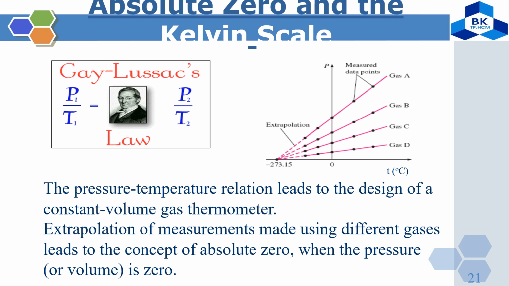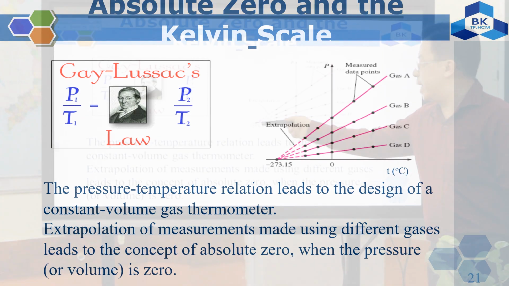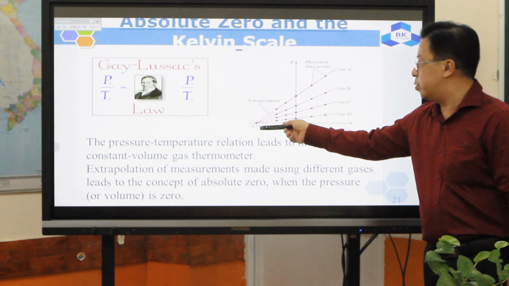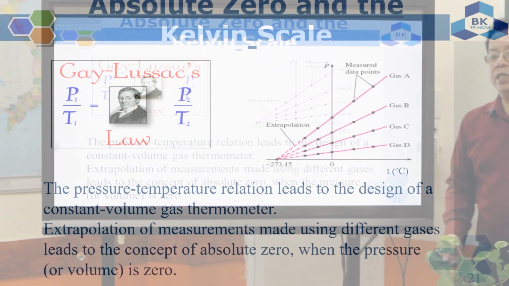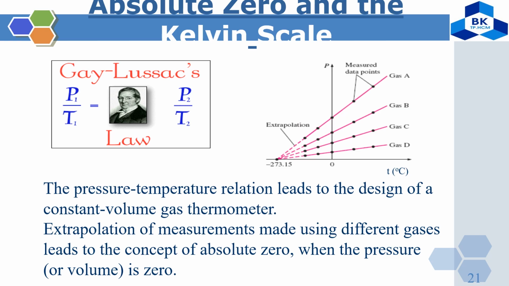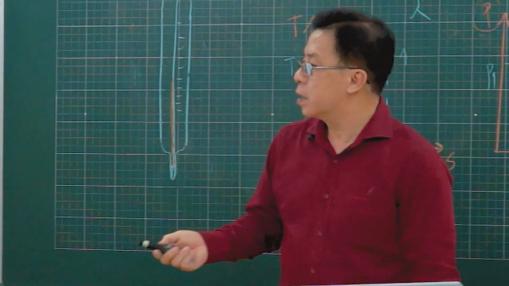Using different gases to measure temperature, they found that, of course, they cannot measure at minus 273 degrees, but they use extrapolation to work it out. They know that all materials would be frozen at minus 273 Celsius, which we call the absolute zero degree.